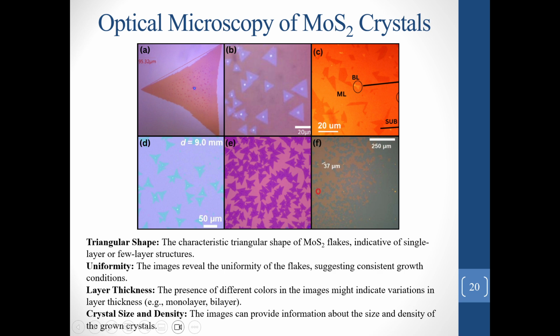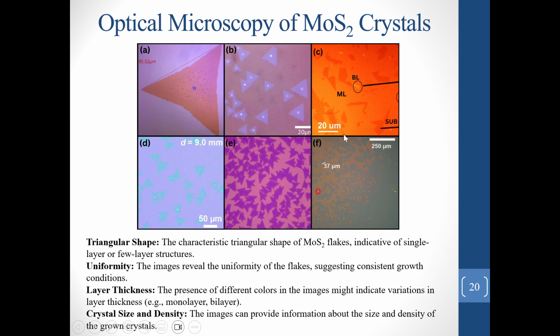Next is the layer thickness. The presence of different colors in the images might indicate variation in the layer thickness. In this figure you can see a yellow color, which is basically the thick layer, the bulk layer, and here there is no color.